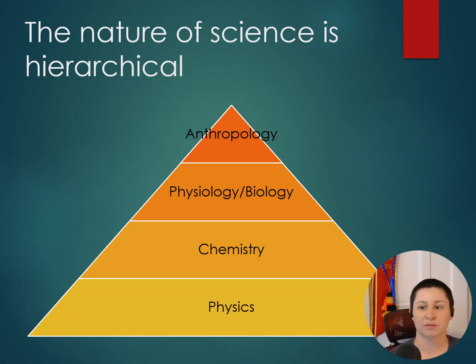So I just wanted to throw out that the nature of science is hierarchical. And what I mean by that is that there's no branch of science that is independent and disconnected from other branches of science. So everything that's true in physics is also true in chemistry. But you can't reduce chemical processes solely in terms of physics.